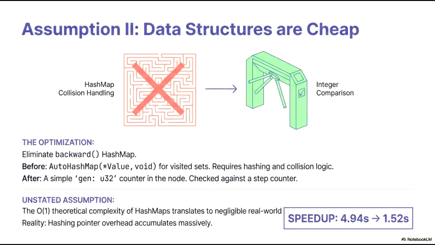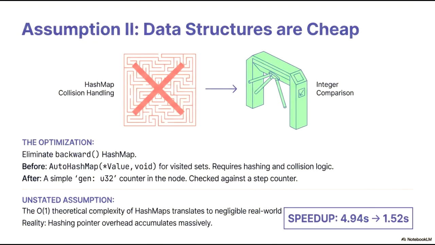Frequently, developers rely on the O of 1 theoretical complexity of hash maps, assuming this translates into negligible real-world overhead. However, in our specific case, tracking visited sets in a backward search, the reality was quite different. Our original implementation utilized an auto hash map, which necessitated continuous hashing and complex collision handling logic. This overhead, particularly when hashing pointers, accumulates massively at scale.